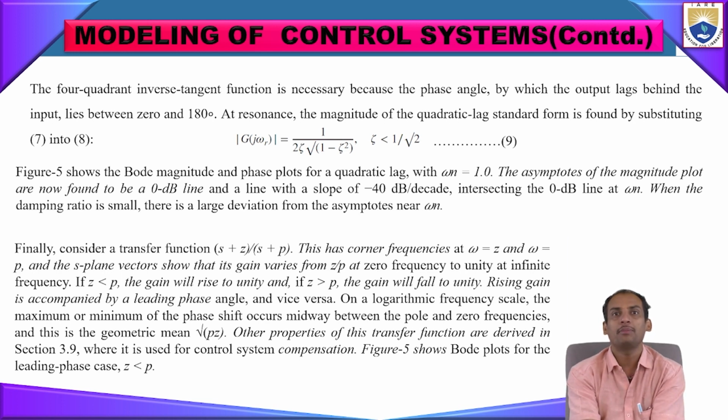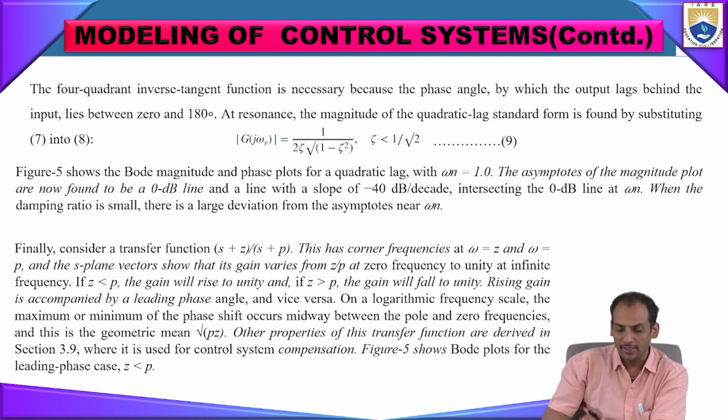So the S-plane vectors now: the gain varies from z by p at zero frequency to unity at infinite frequency. So if z is less than p, the gain will rise to unity, and if z is greater than p, then the gain will fall to unity.